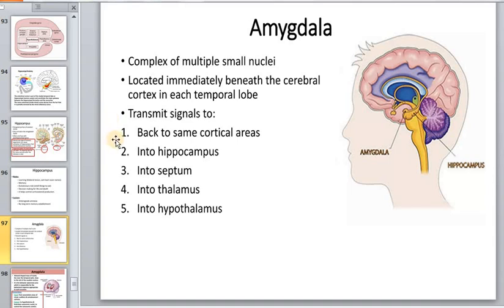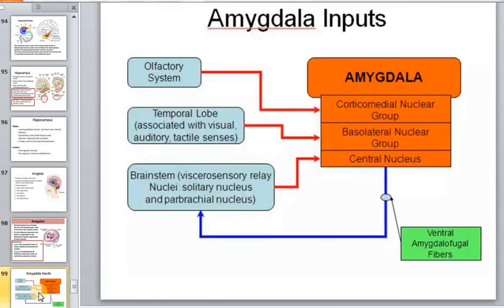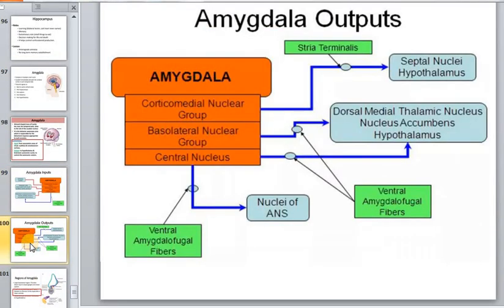It transmits signals back to the same cortical areas, into the hippocampus, septum, thalamus, and hypothalamus, so it controls the connections. There is input from association areas of visual, auditory, and somatosensory cortex, and output to the hypothalamus and brainstem autonomic nuclei to control the autonomic centers. And here we see the slides which describe the amygdala function, just this diagram of inputs and outputs.